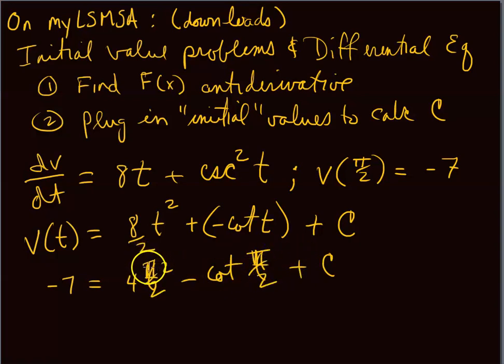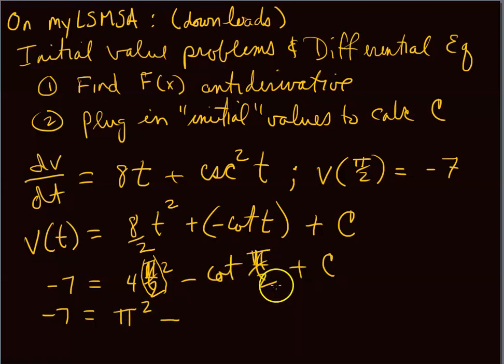Now this one is a t squared, so it's really pi over 2 squared. And the cotangent, we'll get to in a second. So negative 7 equals pi squared over 2 squared, which is 4, but you're multiplying by 4, so you just have pi squared left.